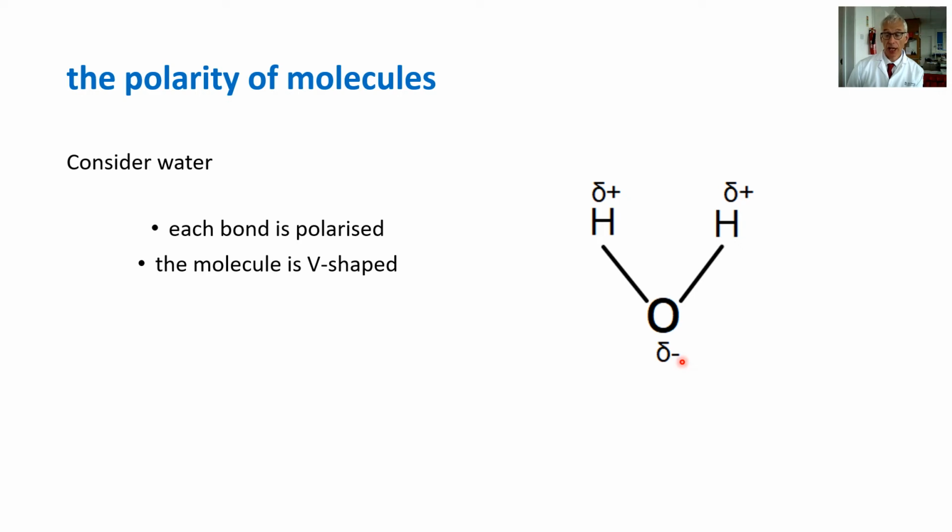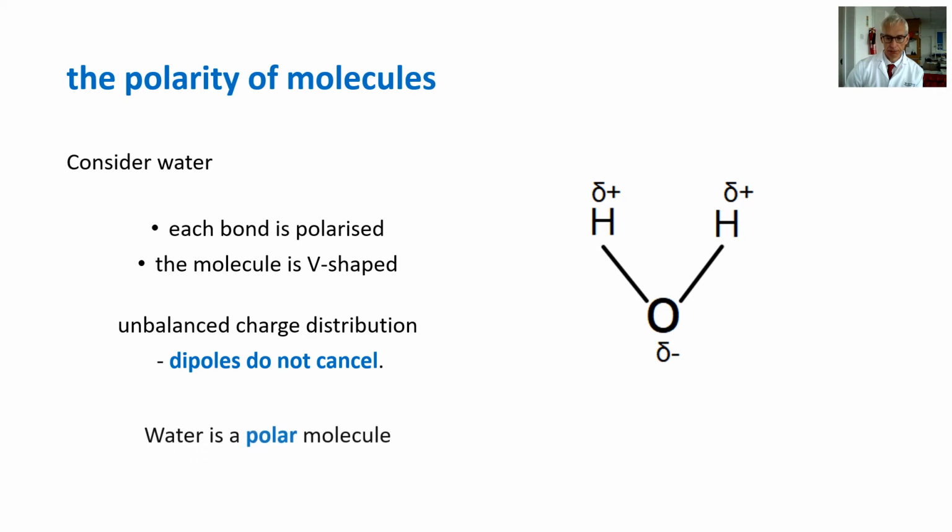There is an unbalanced distribution of charge, and we would conclude, therefore, that the molecule is polar. That is, the dipoles do not cancel. We've got delta plus at the top of the molecule, delta minus at the bottom. It's an unbalanced charge distribution, and therefore the dipoles do not cancel, and therefore water is a polar molecule.